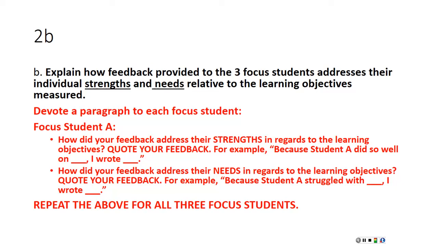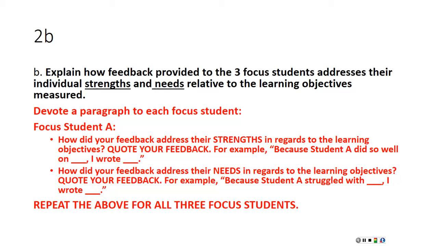Focus student A, how did your feedback address their strengths in regards to the learning objectives? Quote your feedback. When I said blank, I was helping this student understand the strength of, because student A did so well on blank, I wrote blank.